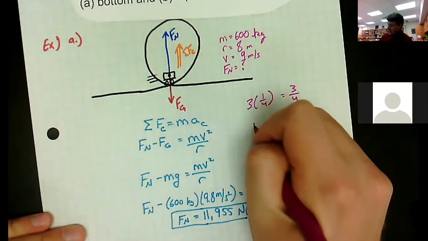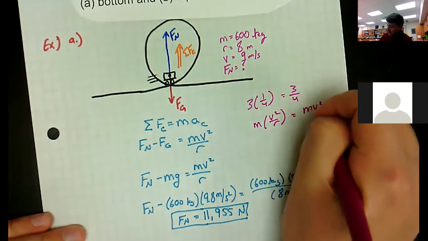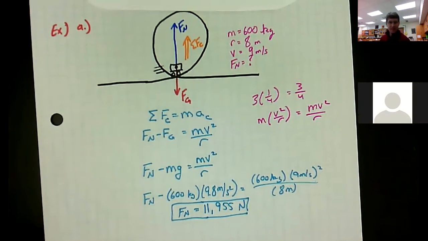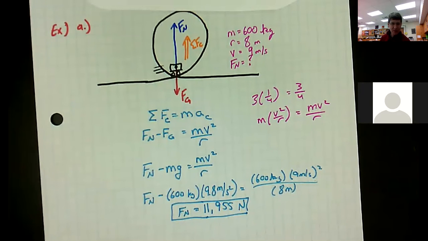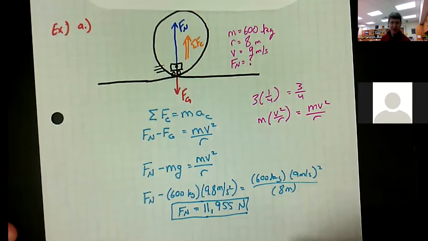So M times V squared over R is the same as MV squared over R, because you can multiply numerators. Does that make sense, Russell? It's more just so I could, yeah, if you wanted to do 600 times quantity 9 squared over 8, yeah, that would work.